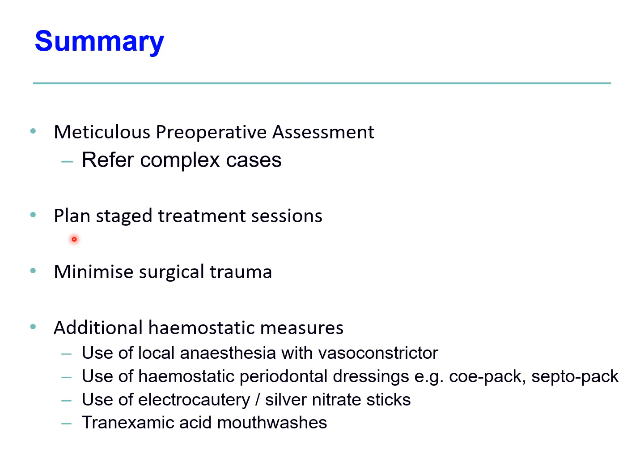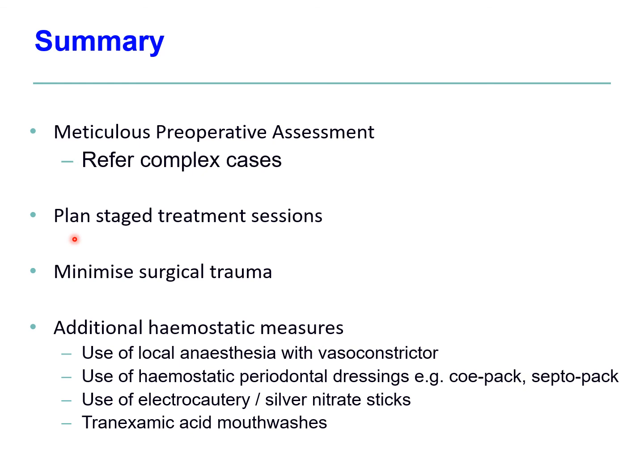It might be best to plan the procedure in multiple stages. For example, if you are to undertake extractions of two deciduous teeth, you would first remove one tooth, achieve hemostasis before you move on to the next tooth.